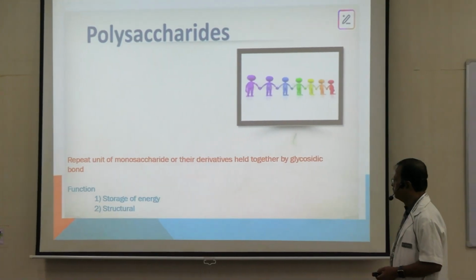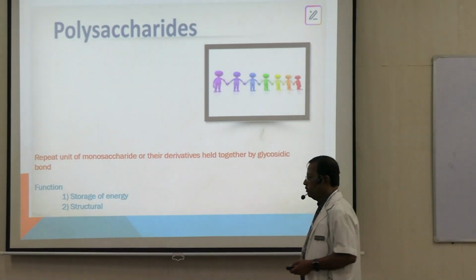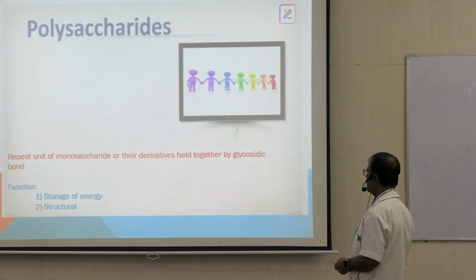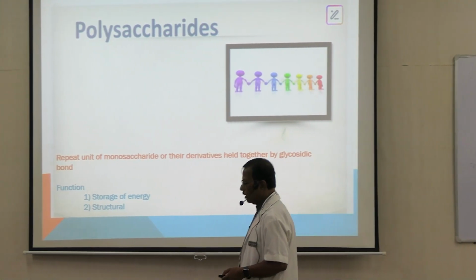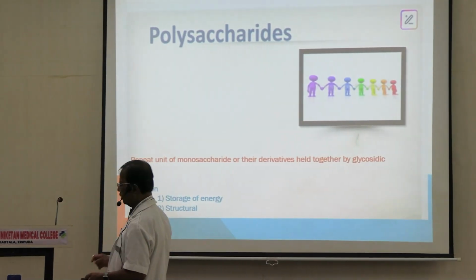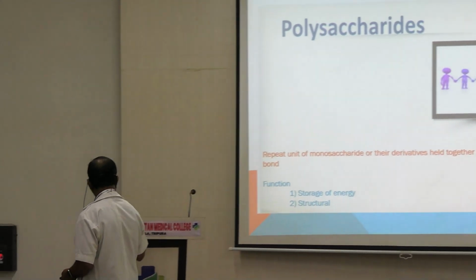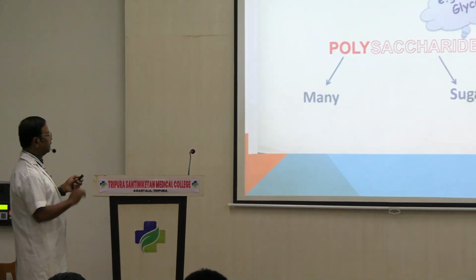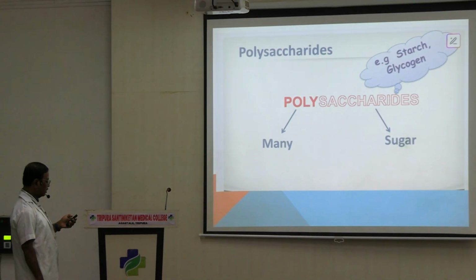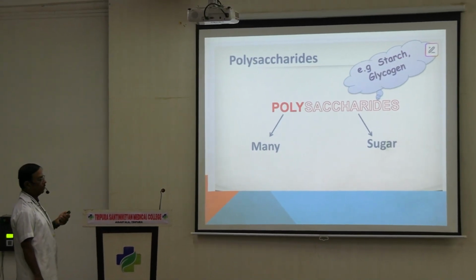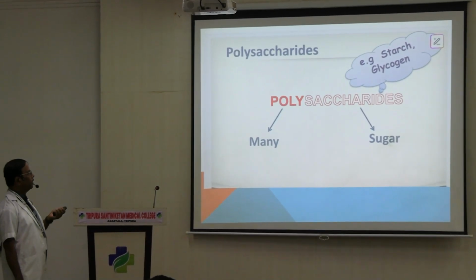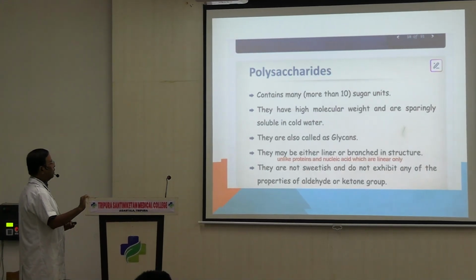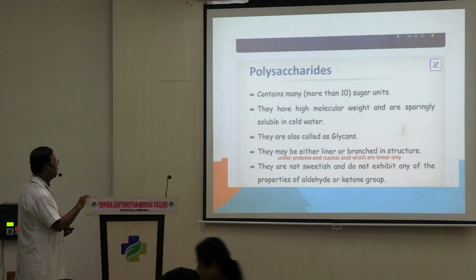Coming to the polysaccharides, there is a repeat unit of monosaccharides or their derivatives held together by glycosidic bonds. Their function is storage or structural. Examples are starch in plants and glycogen in animals. They contain more than 10 sugar units.